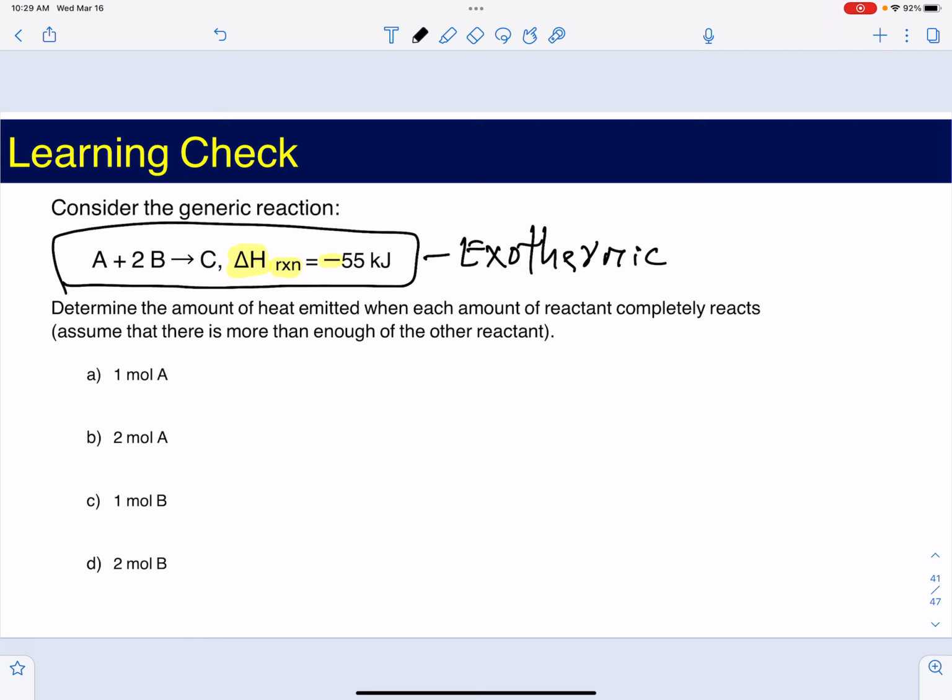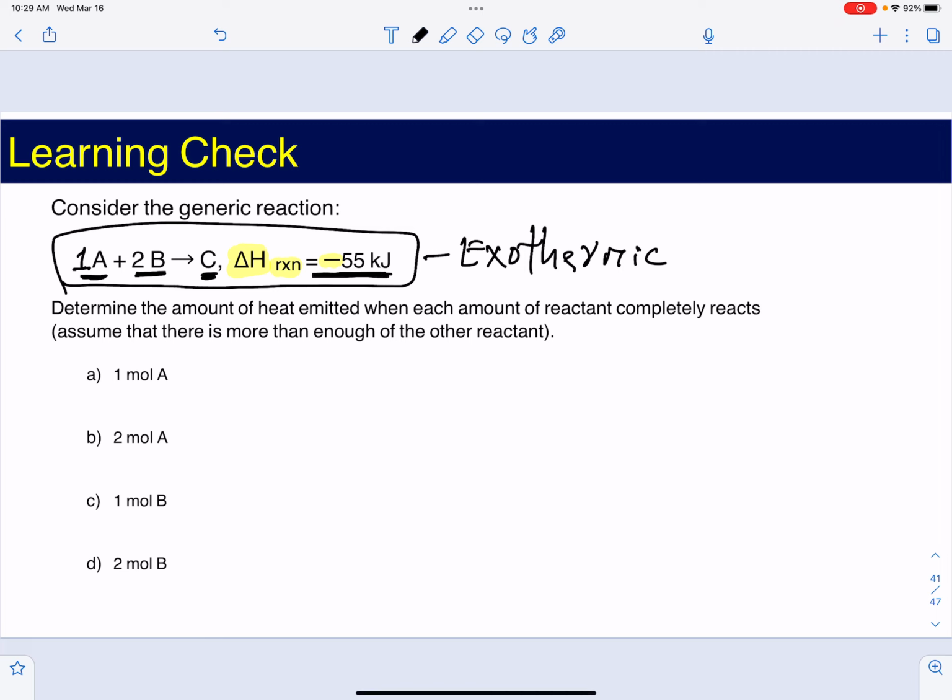What's new now is that this reaction is telling you that for every 1 mole of A, you are going to produce 55 kilojoules. I don't have to say negative because I said produce, which is what the negative means. The same way, for every 2 moles of B, you're going to produce 55 kilojoules. And every time you produce 1 mole of C, you are going to produce also 55 kilojoules.